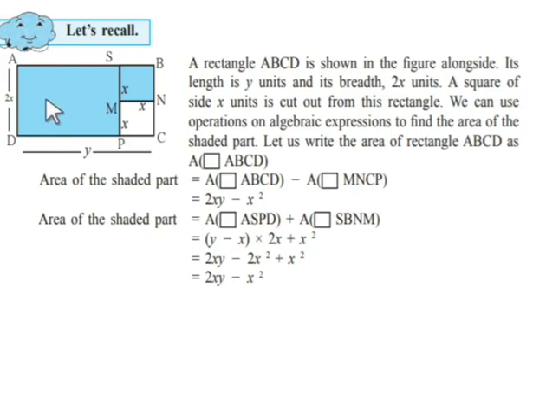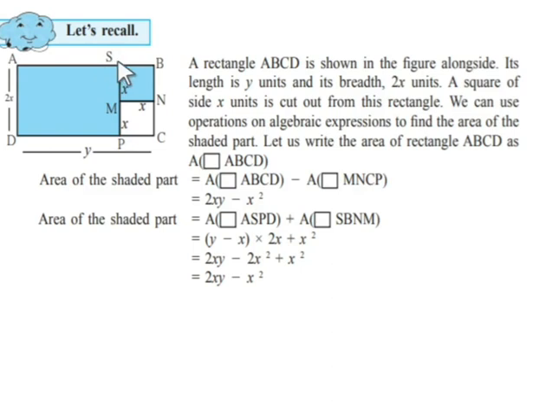Now, in the second case, we will see the area of rectangle ASPD. Now, here what is the length of ASPD? Here, this complete length is y units, from which this x is reduced or cut off. Therefore, the length of DP will be y minus x and the breadth is 2x.